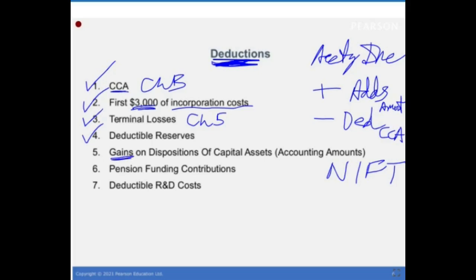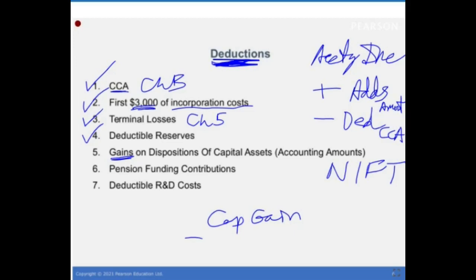Gains on dispositions of capital assets. So we are going to deduct the accounting gain and add the taxable gain. So remember, if we have a capital gain, that's going to be sitting on the financial statement.